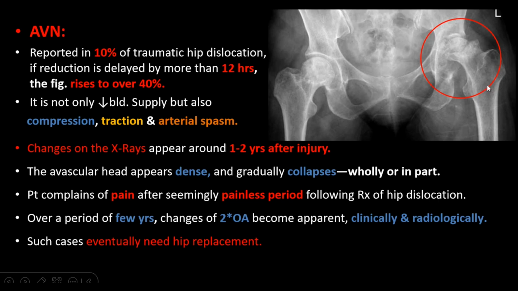As you can see here in the image, radiologically you will see that both the articulating surfaces are damaged. There is a dense appearance and the whole head is collapsing, as well as the acetabulum. Now, such cases eventually need total hip replacement. So, both the articulating surfaces will then be replaced.